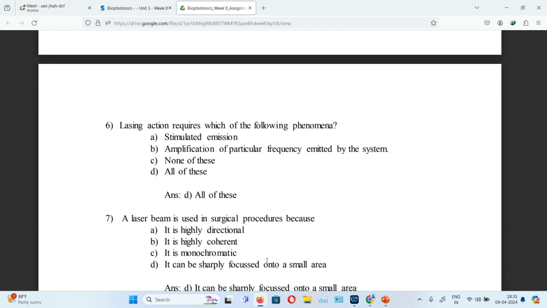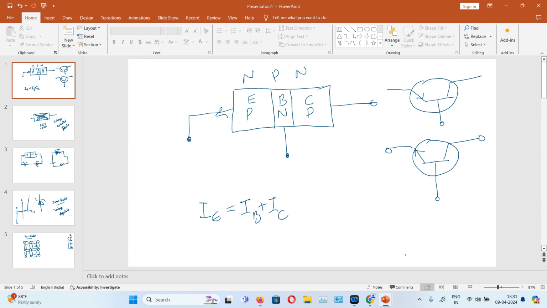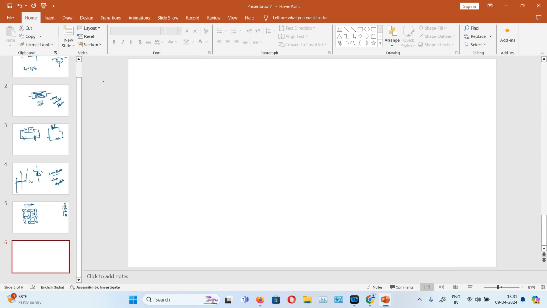Lasing action requires which of the following phenomena? Stimulated emission, amplification of a particular frequency emitted by the system, none of these, or all of these. We already have the full form of laser. What is the laser full form?